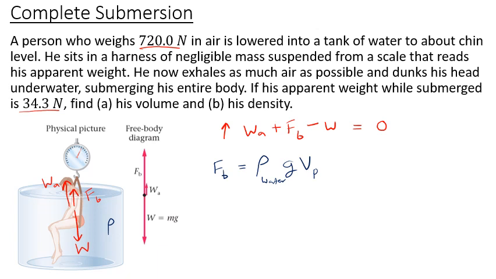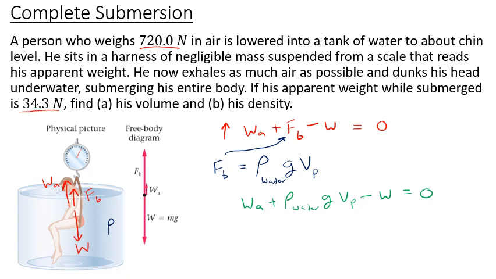And we can substitute this FB value into this equation, and we can rewrite it as WA plus rho water g volume of the person minus person's weight equals 0.